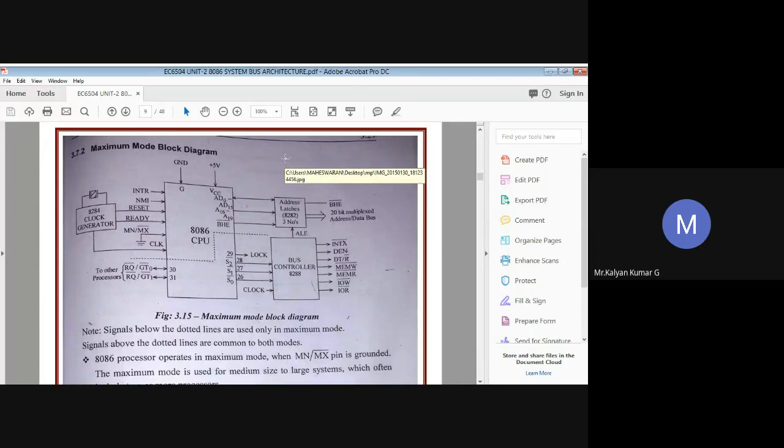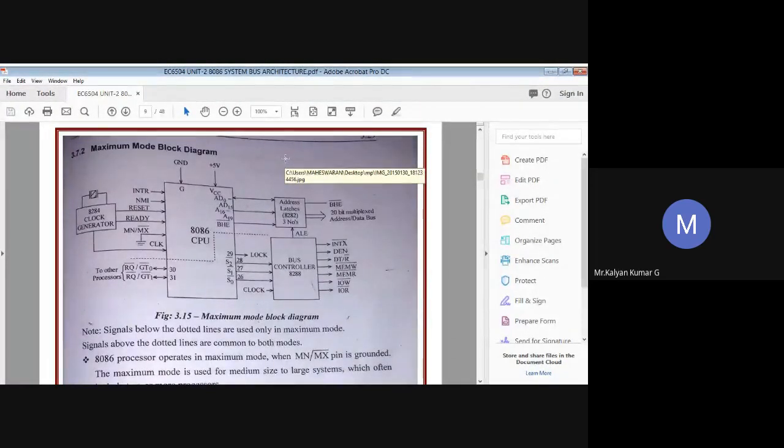In case of multiprocessor mode of operation, IOB should be connected to plus 5 volt, and the signals AEN bar and CEN should be supplied by a bus arbiter, for example, a specific IC available from Intel, the 8289. You can just make a note of it, 8289. And as usual, the data bus will be provided with data transceivers.